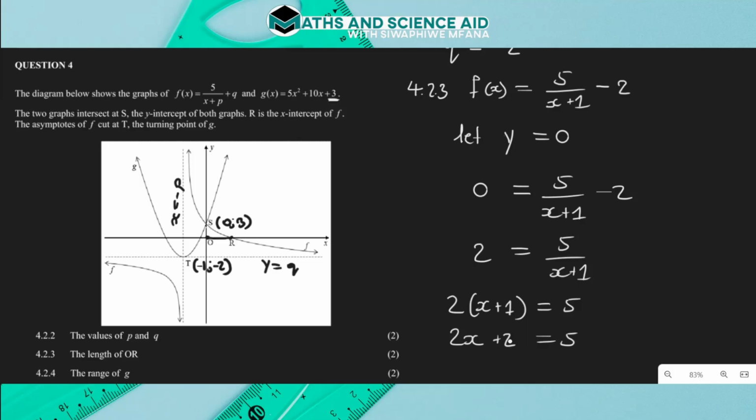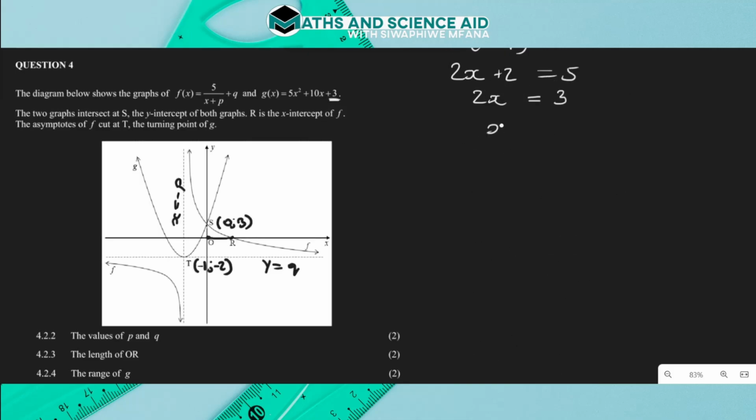Now we can transpose 2 into the other side. So we'll have 5 minus 2 on the right-hand side, and on this side we'll be left with 2x. So 2x will be equal to 5 minus 2, which is equal to 3. And therefore x is equal to 3 over 2.